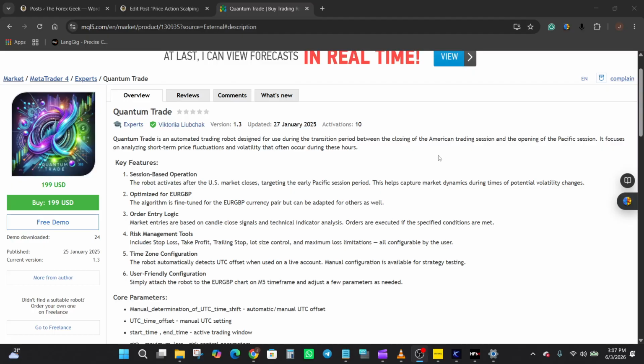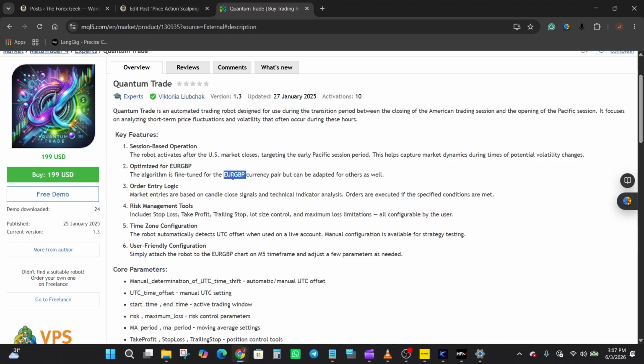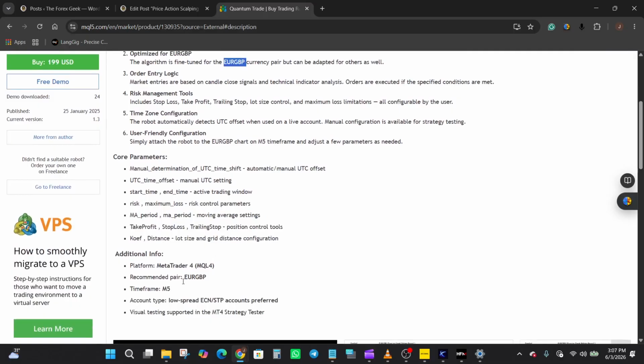The focus here is on capturing short-term volatility during that quieter shift in liquidity. From the features section, I can see it is mainly optimized around EURGBP, especially on the M5 time frame. So that already tells me the EA is built for a very specific environment rather than broad market conditions.